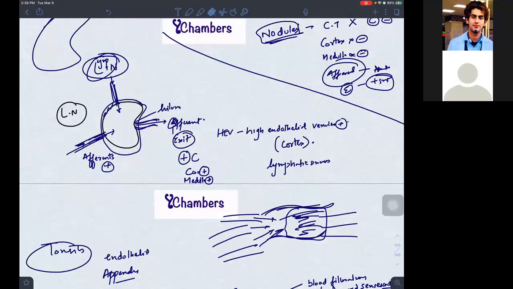Subcapsular sinus, trabecular sinus, medullary sinus, reticular meshwork: lymph node. Nodule: diffuse lymphatic tissue with random distribution, under the epithelial surface. Is it okay?